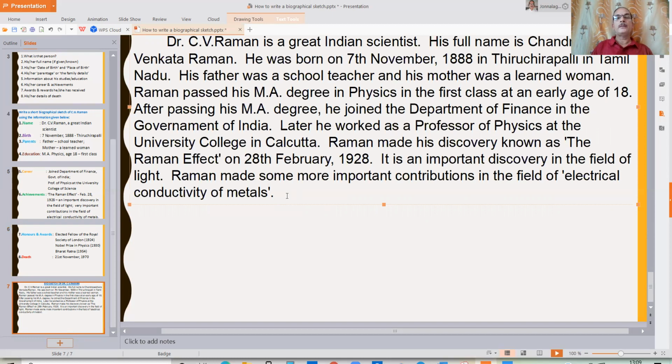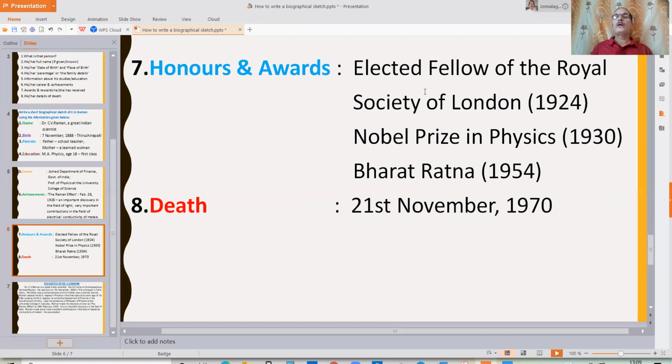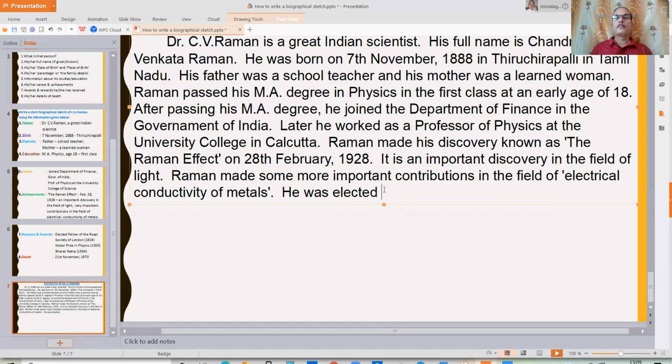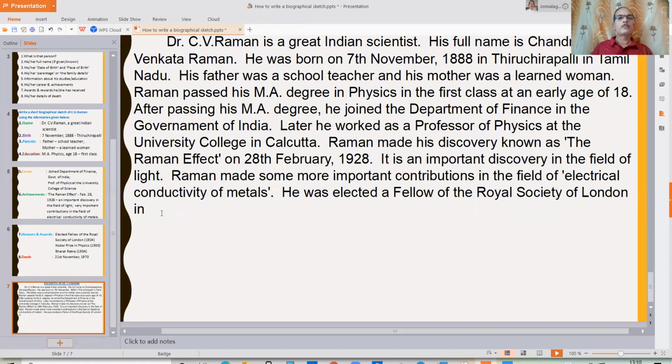Raman. So Raman is already there. He was elected. How was he elected? A fellow of the Royal Society of London. In which year? In 1924.